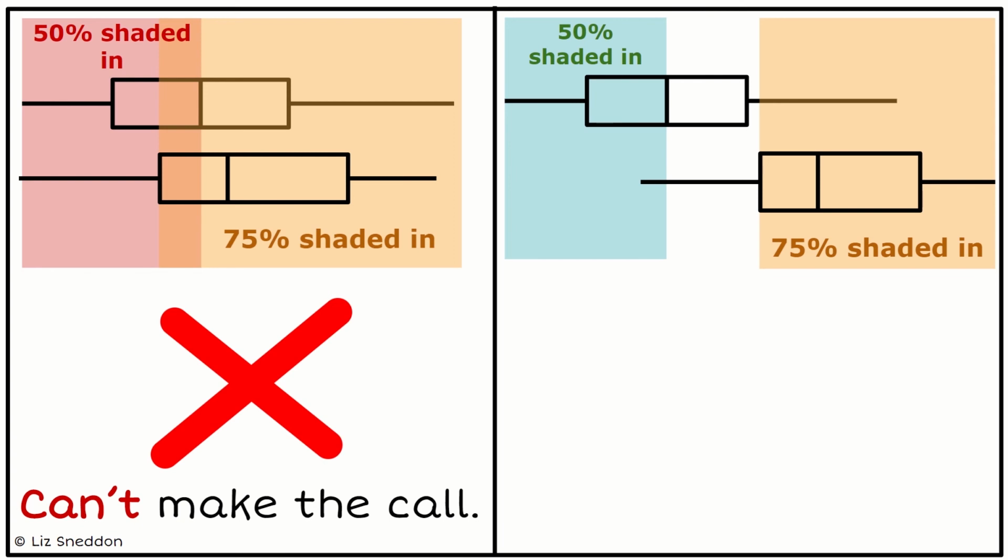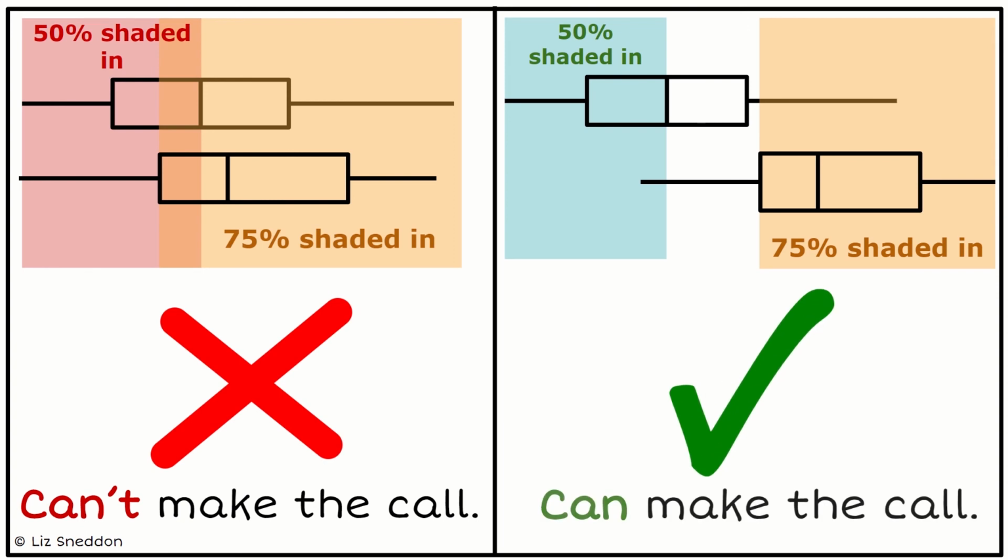So there's 50% of the data in one is smaller than 75% of the data in the other. So this says that I could make the call. That is enough evidence for me to say that lots of this group is bigger than a whole lot of the other group.